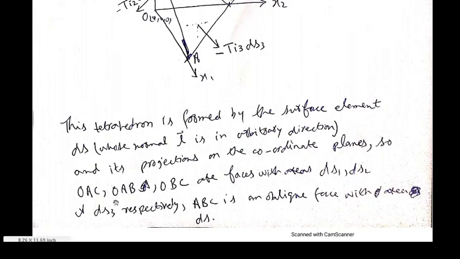So please make a correction here. I will send the corrected PDF of this page. So it should be OBC, OAC and OAB, with areas dS1, dS2 and dS3 respectively, and the area of this oblique face ABC is dS.